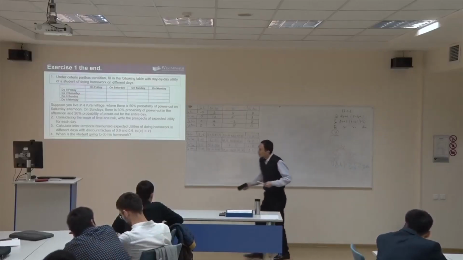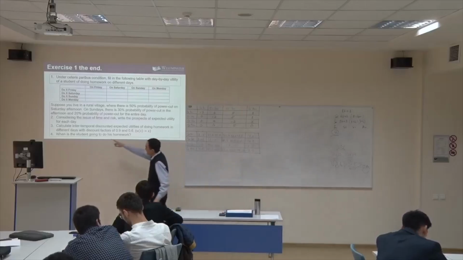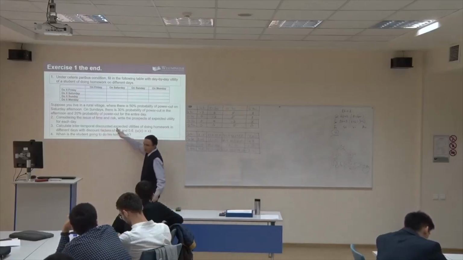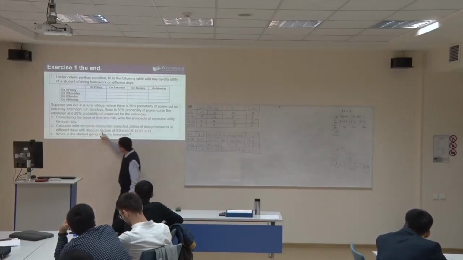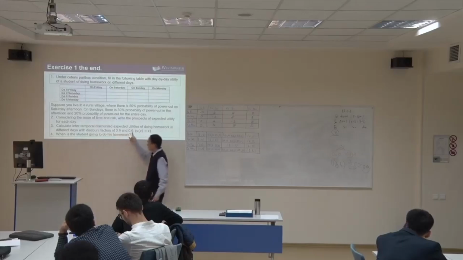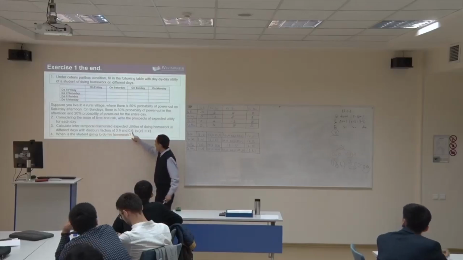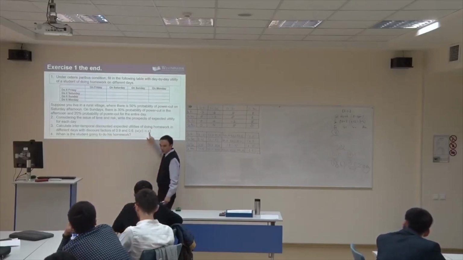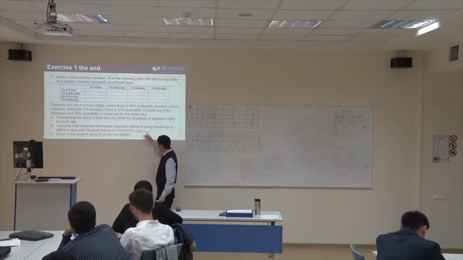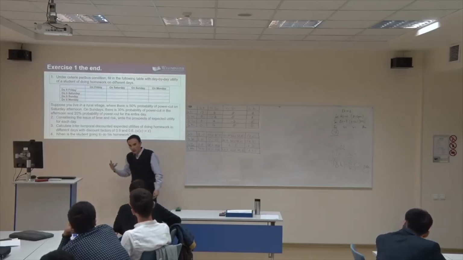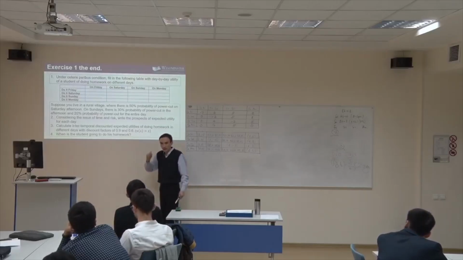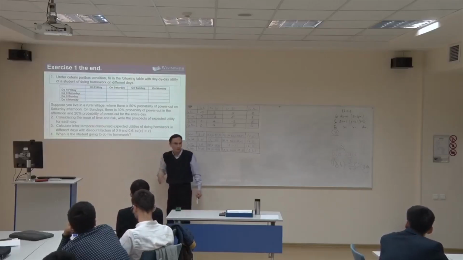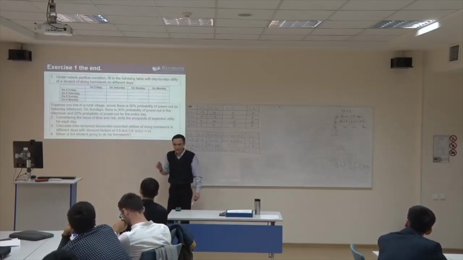Okay, now students, calculate intertemporal discounted expected utilities of doing homework on different days with discount factors of 0.9 and 0.6. And we are considering a person as risk neutral because his utility function is linear. If you consider that a person is risk averse, then our calculations will be a bit more time consuming, which you can do by yourself at home as practice.